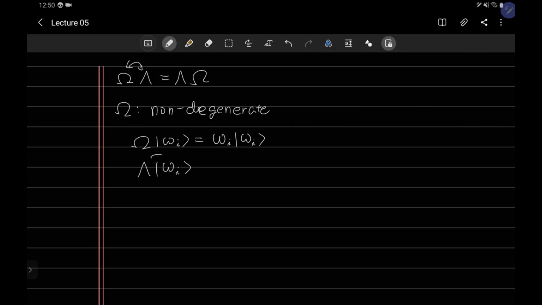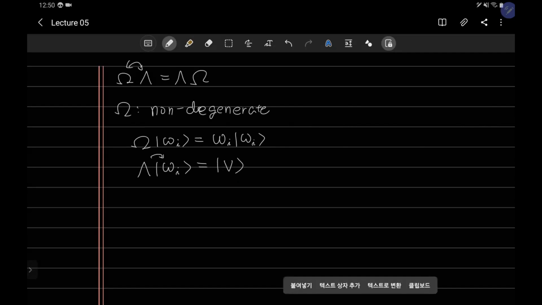The application of this new operator on this vector will create a new vector, which we will call V. In principle, this vector should not be parallel to omega sub I, so it might be some kind of arbitrary vector.